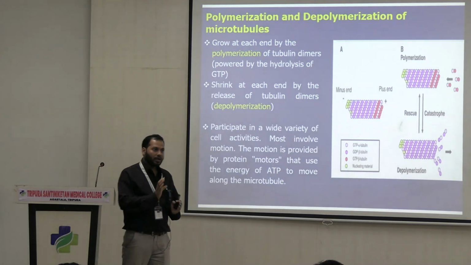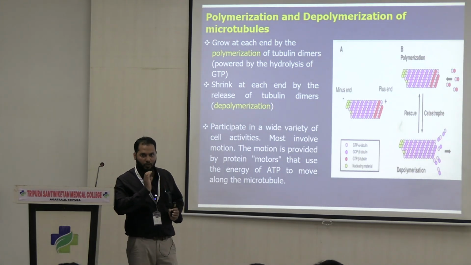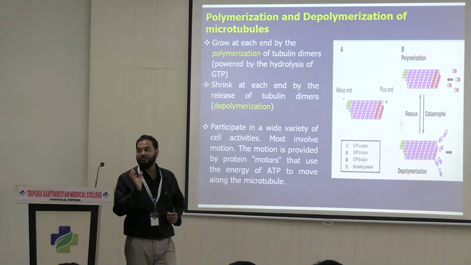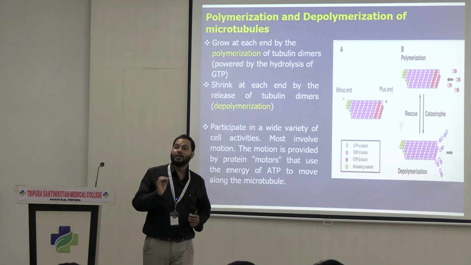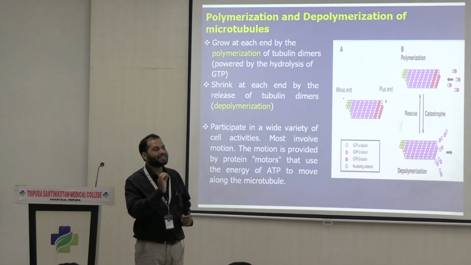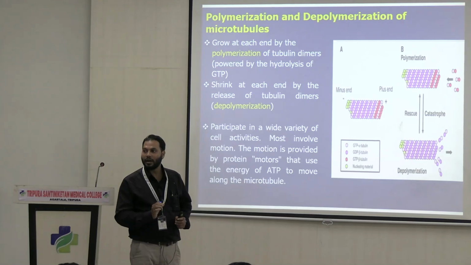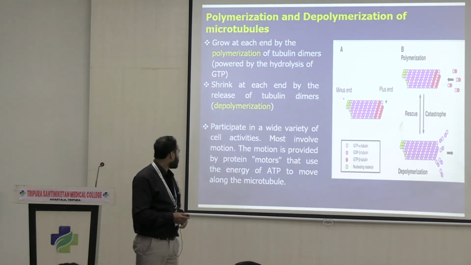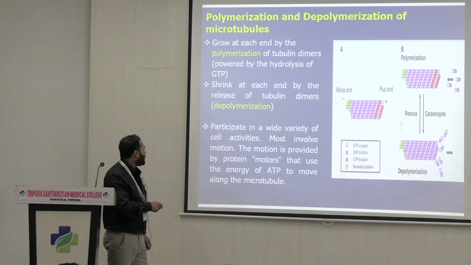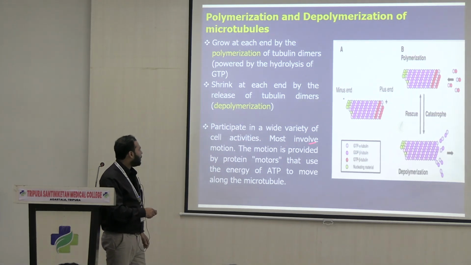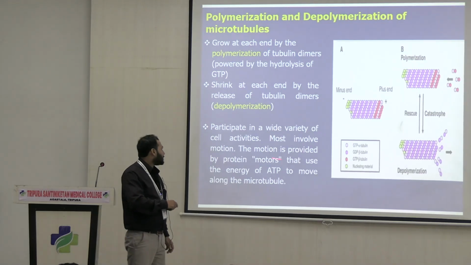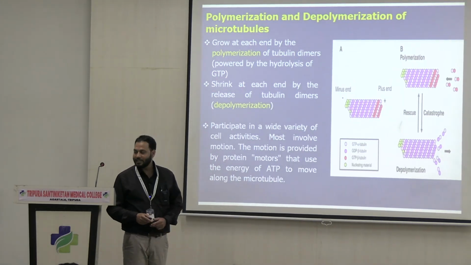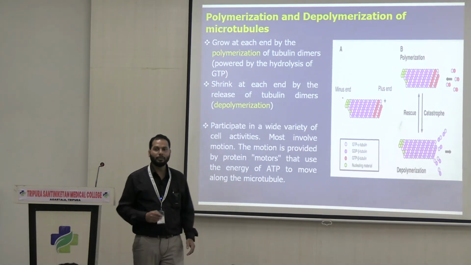So both events, polymerization and depolymerization, are very important, specifically in cellular motility. It participates in a wide variety of cell activities, mostly involved in motion or motility, and the motion is provided by proteins, the motor proteins, that are powered by ATP.